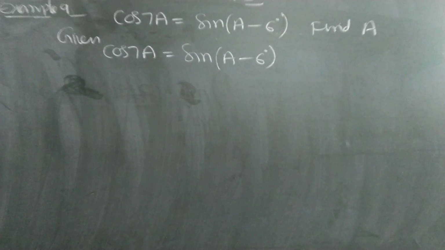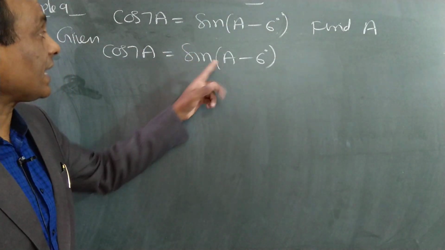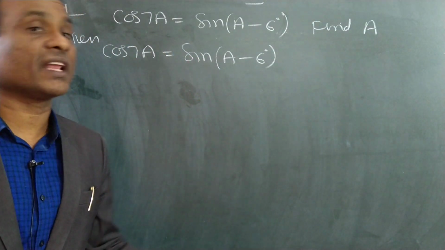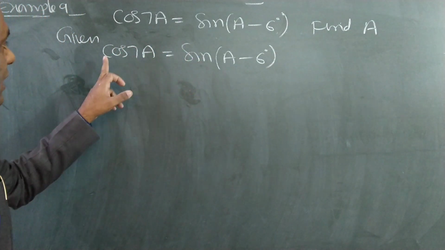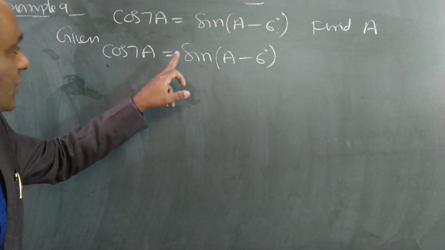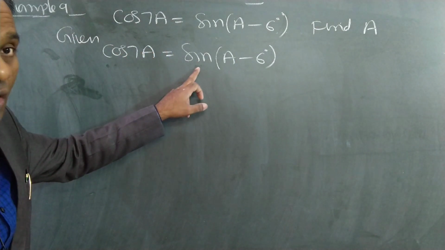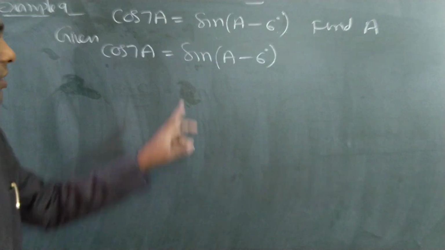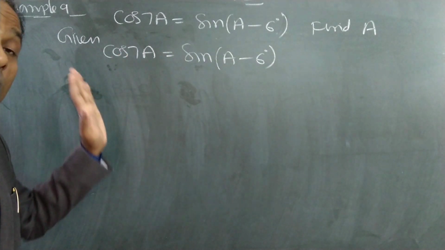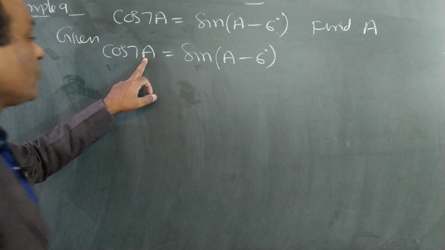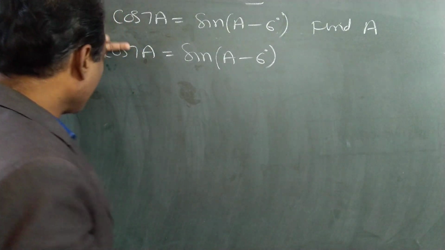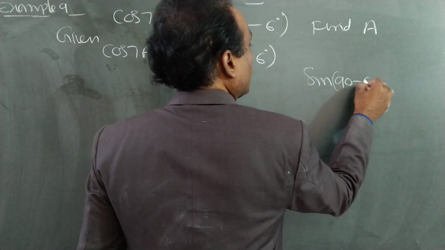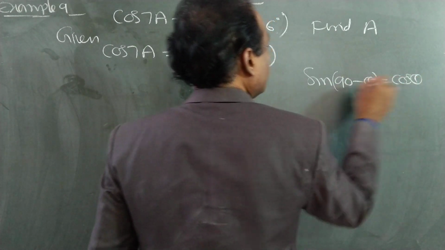To solve this equation and find the value of A, both sides should have the same ratio. If this is sine, change the other also to sine. If this is cos, change the other also into cos. Both should be in terms of cos or both in sine. So I am changing this one as sine. The formula we studied is sin of (90 minus theta) equals cos theta.